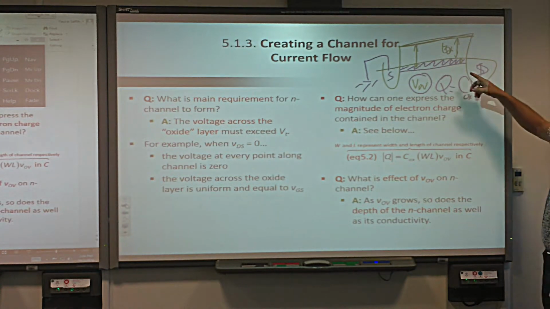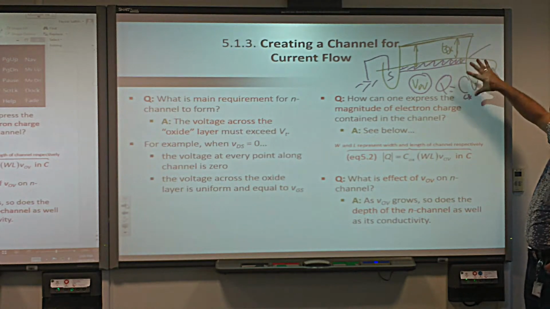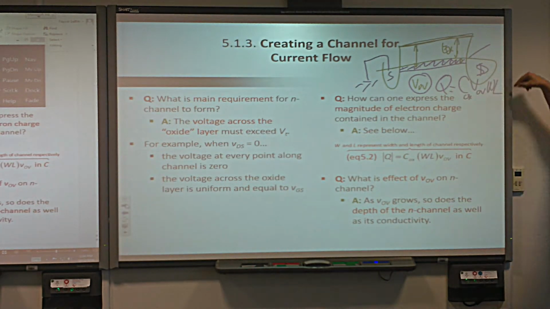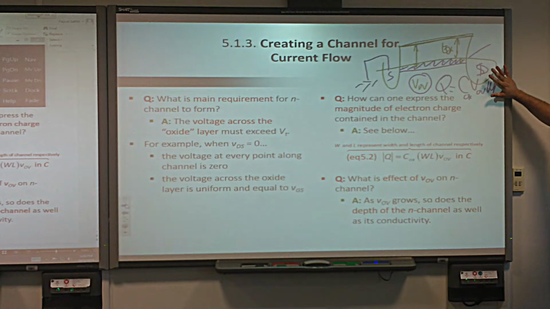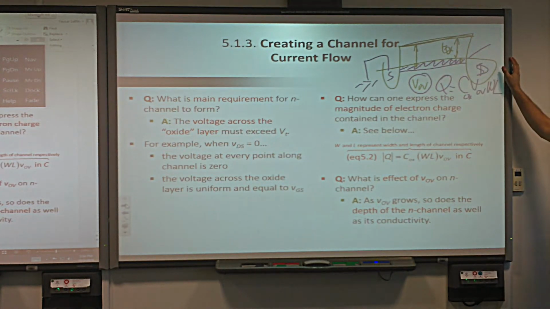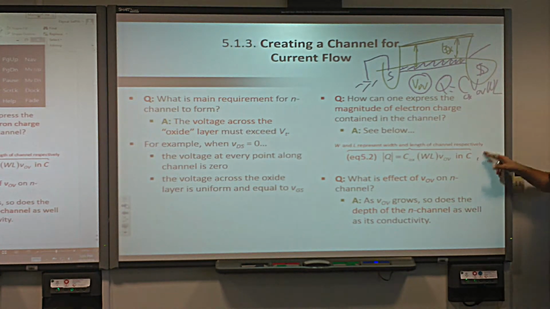But I have to multiply by the dimensions. Remember, Cox is the capacitance per unit area. So I have to multiply it by W and L, the dimensions of the transistor. Yes or no? Very good. W multiplied by L gives me the area of the gate. Multiplied by Cox it is the capacitance. Multiplied by the voltage of the channel, which is the overdrive, I get this equation.